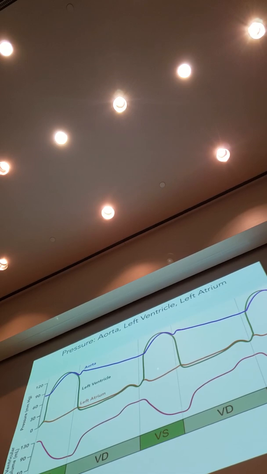So, rule number one is blood only moves because of a pressure difference. Just like diffusion, we go from a high concentration to a low concentration. This time we're talking about pressure though. We move from high pressure to low pressure. That's the only thing that moves blood.